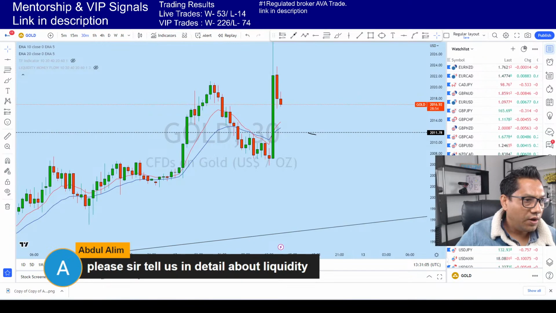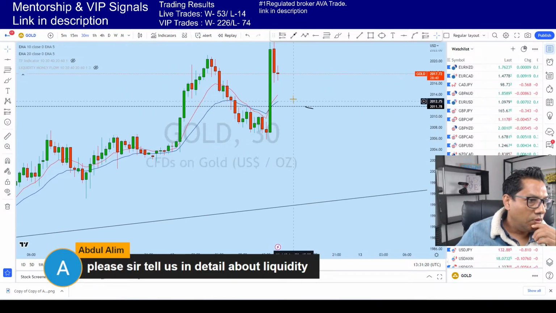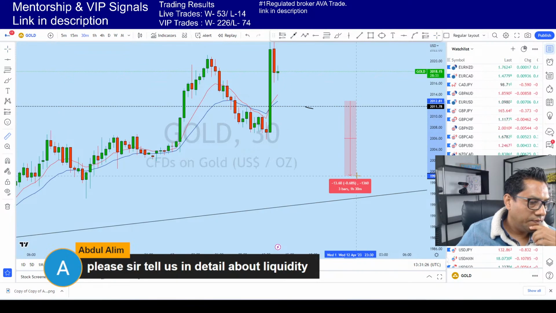Just trying to find out where you can find an entry on gold. There will be a draw, highly likely it will come to this level to test.